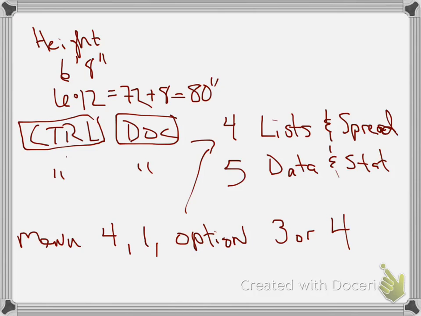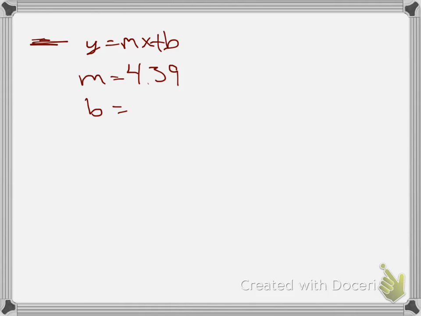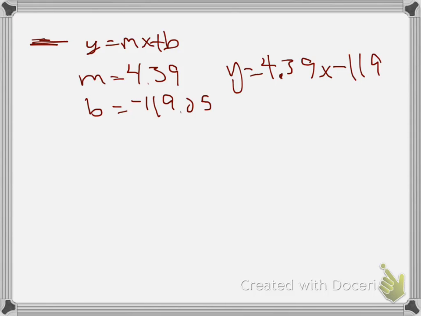And realize that it'll tell you at the very top row, it'll say something like y is equal to mx plus b, and might tell you m is this, b is that. Well, obviously you put those numbers in there. So in this case, let's say it might say 4.39 and negative 119.05. So you're saying y is equal to 4.39x minus 119.05.